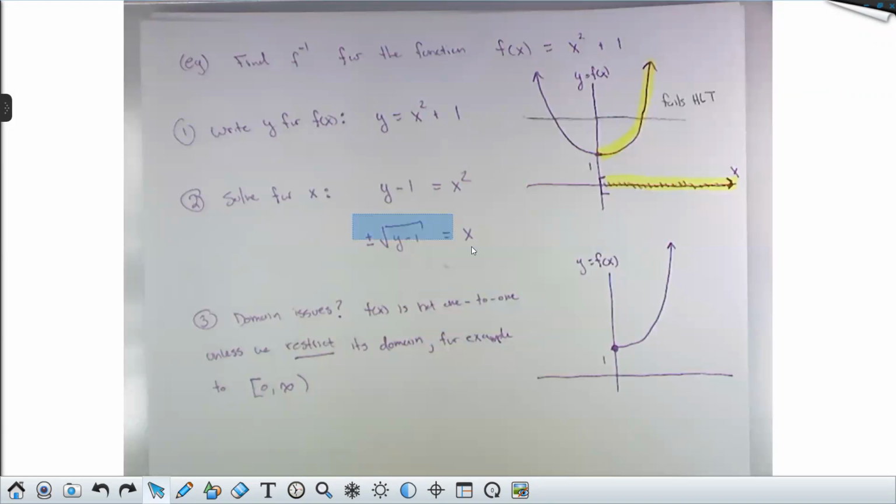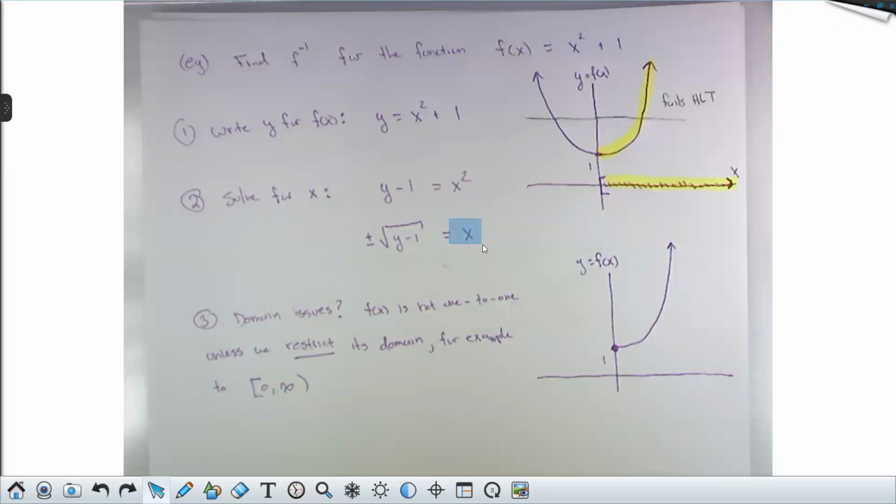In terms of the algebra, if you look at this step, this is where we're at in our algebra process, solving for the inverse. You'll see there's this plus and minus over here. So right now, what we're saying is x is equal to plus or minus the square root of y minus 1. The x values that we've chosen to restrict to are positive numbers.